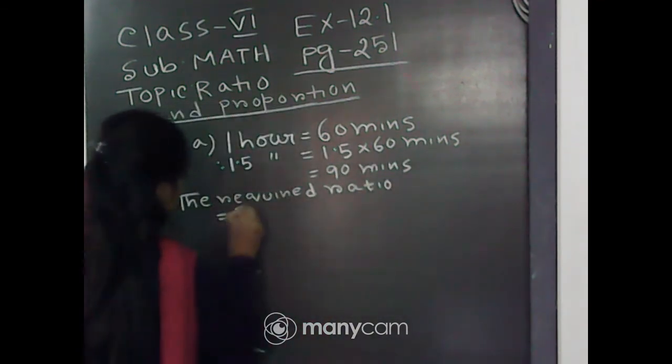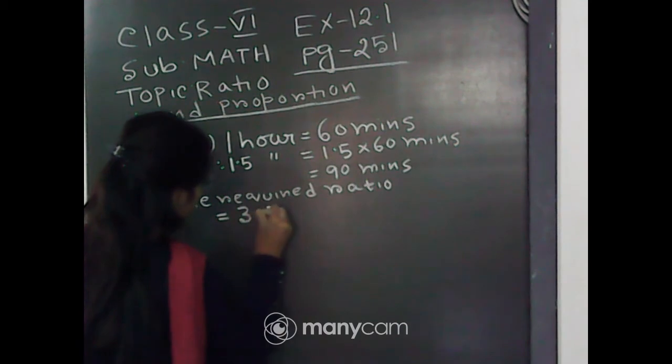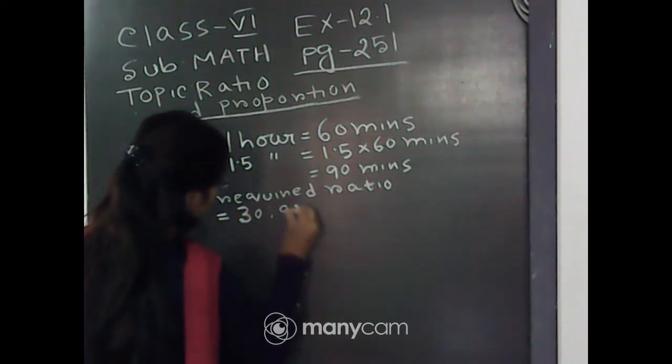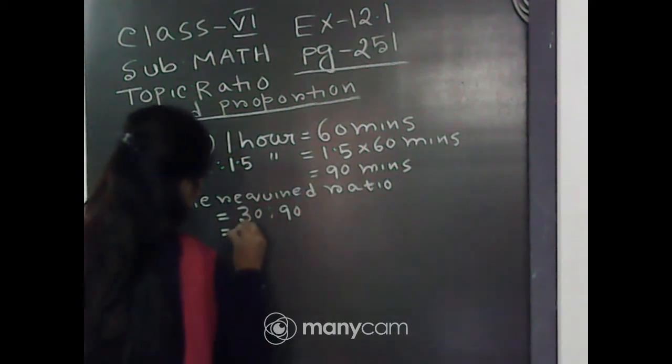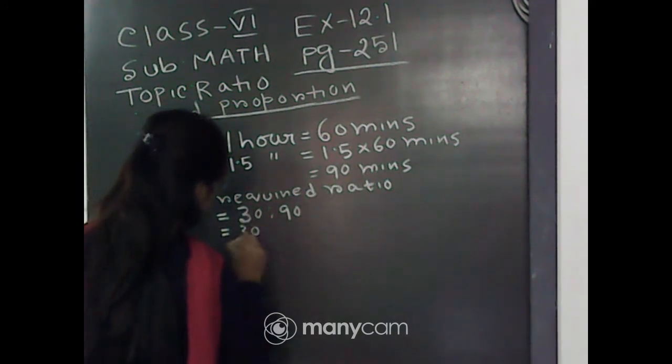is equal to 30 is to 90, and here the units are same, both are minutes. Now we can write this as 30 divided by 90.